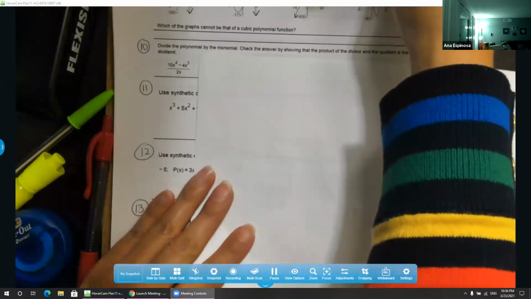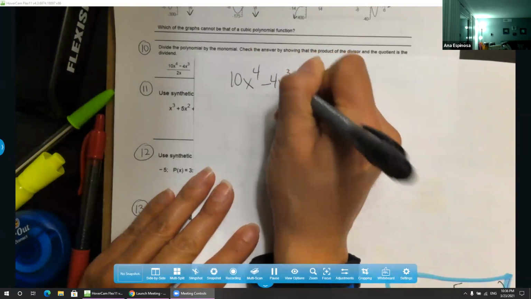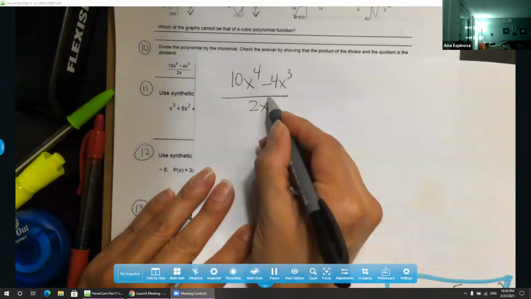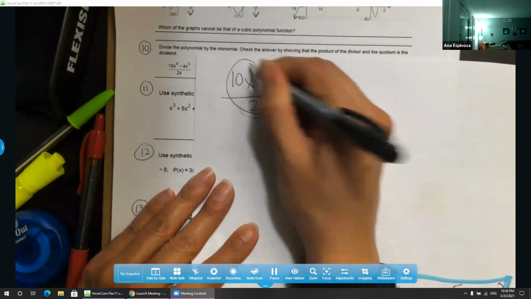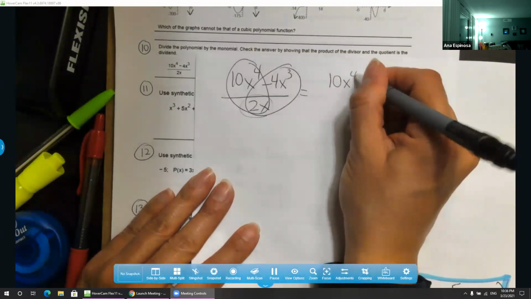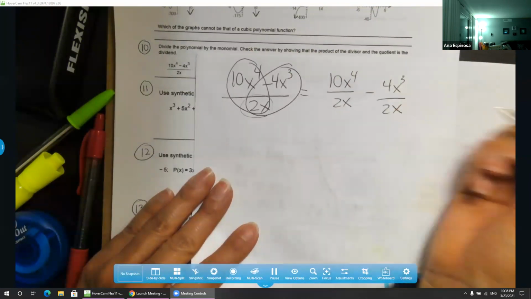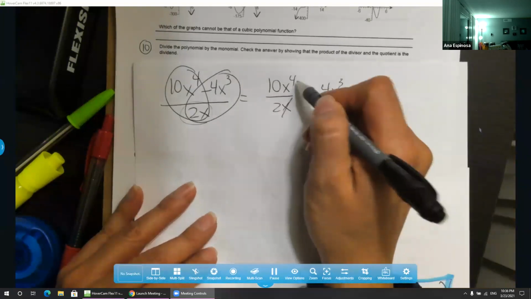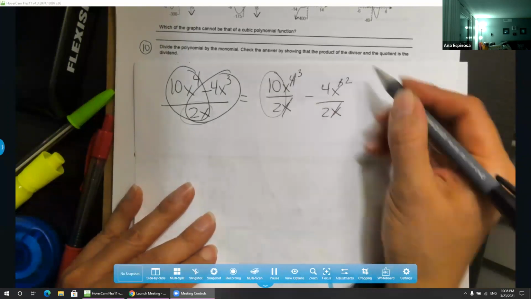But if this is on the homework, this is just something that you have already hopefully seen. When you have a binomial in the denominator, you basically just do this. You divide each piece by that, and you just cancel x's. That's literally what you do, and then you reduce.